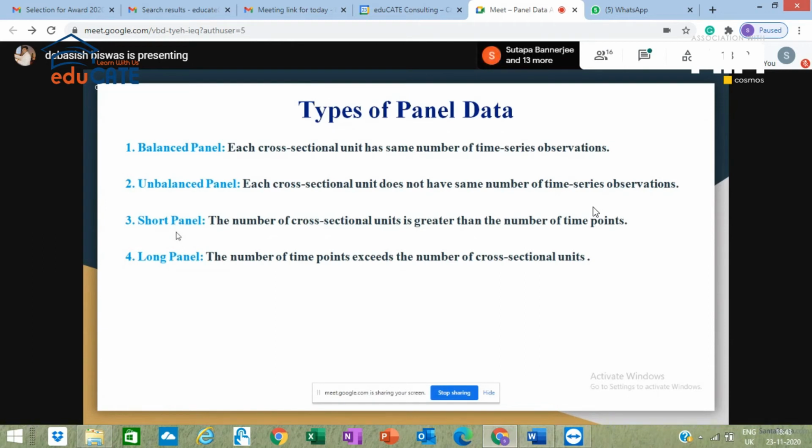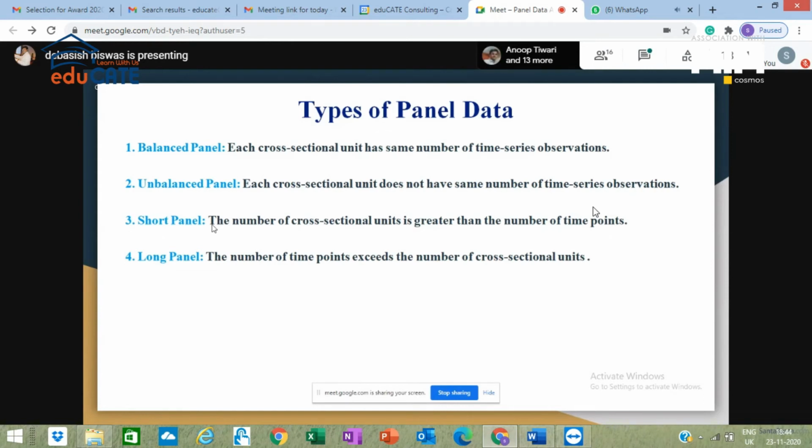So the examples I have given of various states are of a balanced panel as well as a short panel, because the number of cross-sectional units is greater than the number of time points.